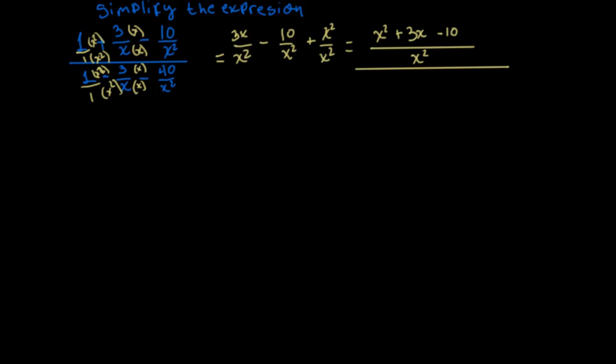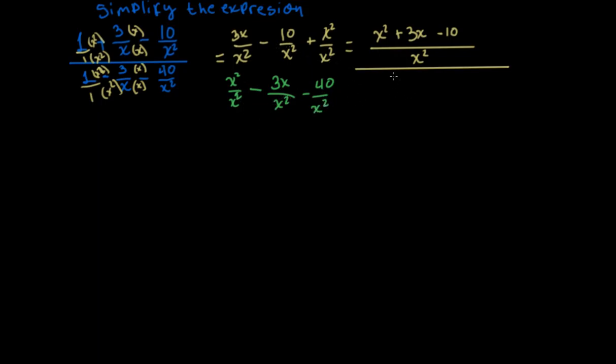I'm going to do it with another color. Same thing: 1 times x squared is x squared divided by x squared. Then I'm going to have a negative, because this is a negative sign here. So 3 times x is 3x, and x times x is x squared, minus 40 over x squared.